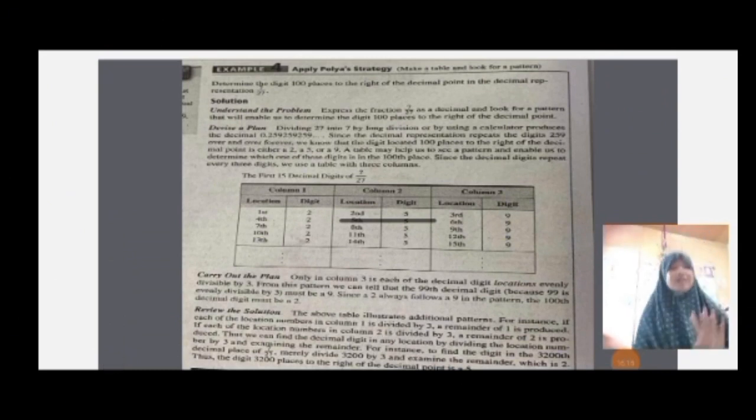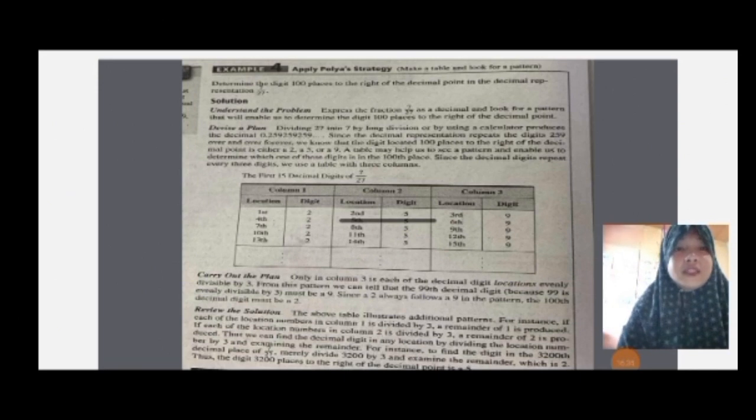For the last example, apply Polya's strategy. Make a table and look for a pattern. Determine the digit 100 places to the right of the decimal point in the decimal representation of 27 over 7. Understand the problem.